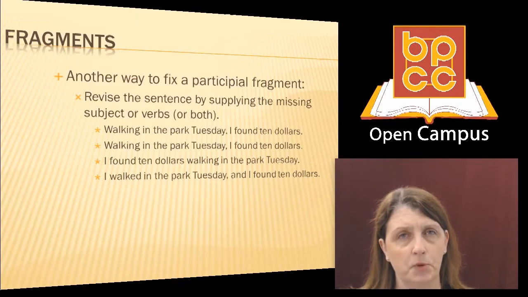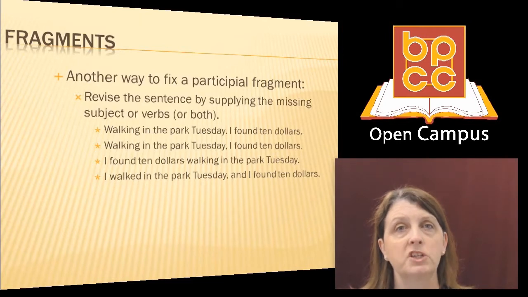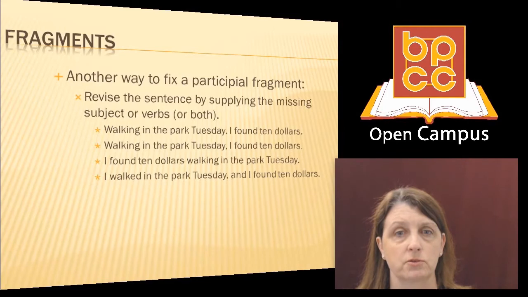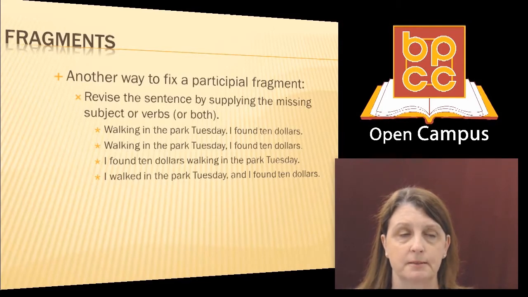Now, there's a slight problem with that sentence. It's a little confusing because it almost seems as if you found $10 walking, like the $10 was actually taking a walk in the park, and that's not what you meant. So we change it, we revise it, and we add the subject. I walked in the park Tuesday, and I found $10. Okay, and now we have a good sentence.